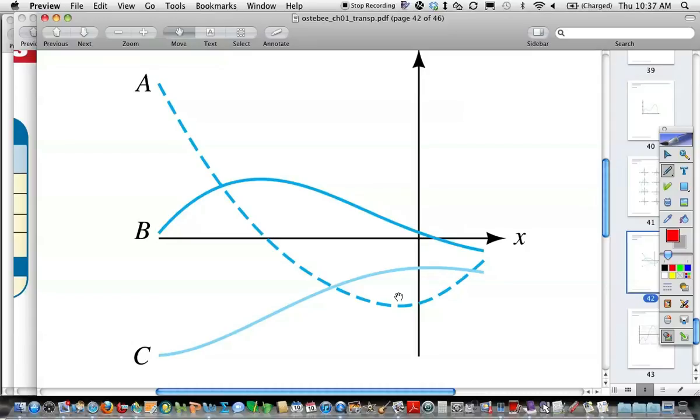Type in your answer in that order. So if you think B is F, then you'd put B first in your answer. If you think A is F prime, then put that next. And C, F double prime, then you put B, A, C. That is what you type in and submit for your poll. F, F prime, F double prime in that order.